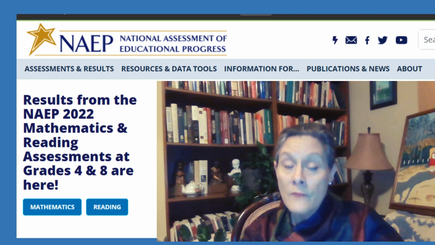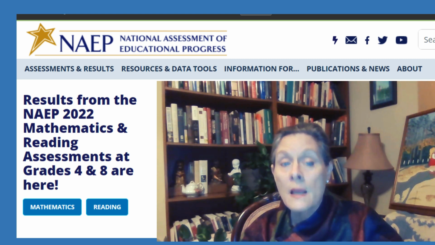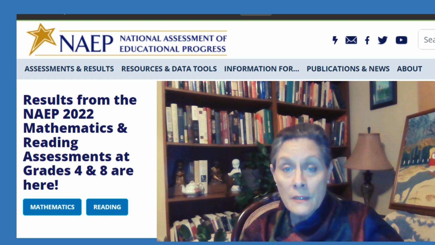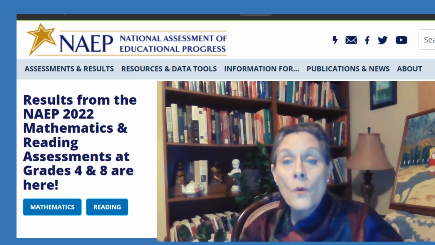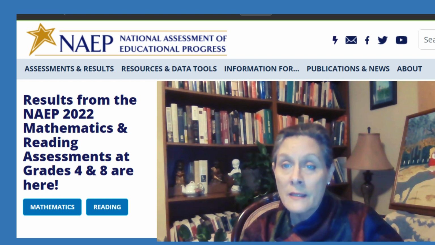The latest evaluation of the NAEP achievement levels was conducted by a committee convened by the National Academies of Sciences, Engineering, and Medicine in 2016. The evaluation concluded that further evidence should be gathered to determine whether the NAEP achievement levels are reasonable, valid, and informative.